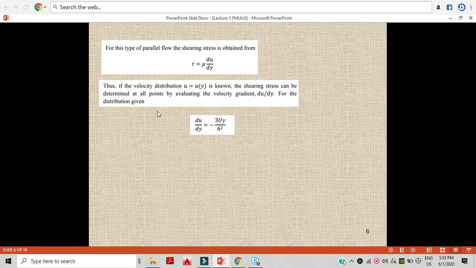For the distribution given, after the derivative, du by dy will become minus 3uy by h square. If you want the shear stress where h is equal to 1.5, you can calculate, and if you want to find the shear stress at the middle point, you can calculate it. This is the way you can find it.